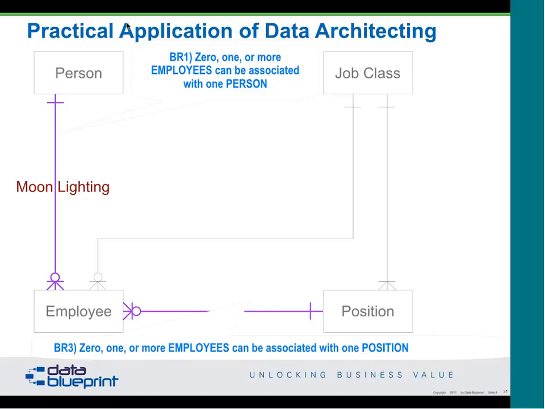Now, here's the key. In order to be a moonlighting individual, if Peter took the first job with the Army and then took a second job with the Navy, then the system, if it only allows a person to be one employee, would then implement this by giving me two separate IDs. So I might be Peter 1 for the Army and Peter 2 for the Navy. The challenge comes, of course, from a record-keeping perspective.